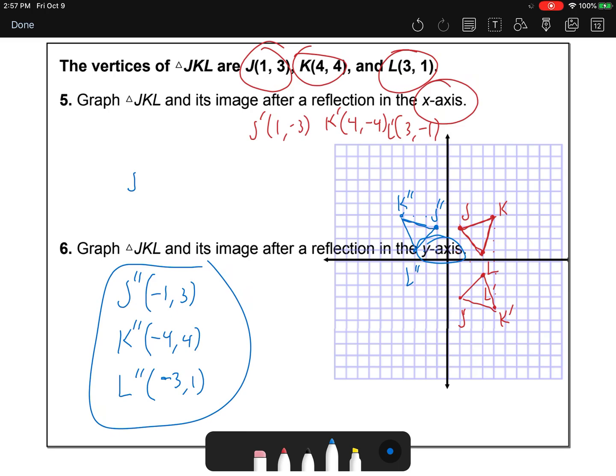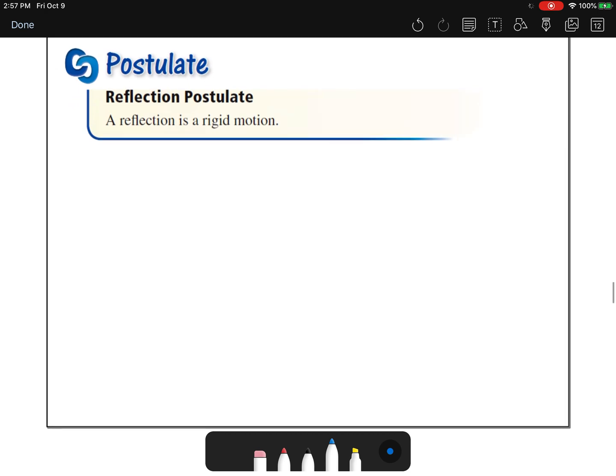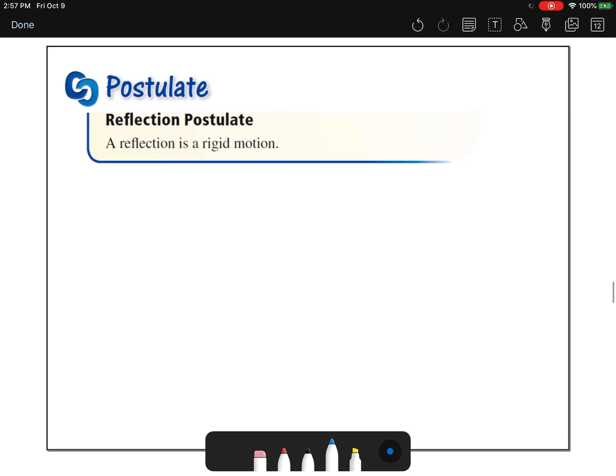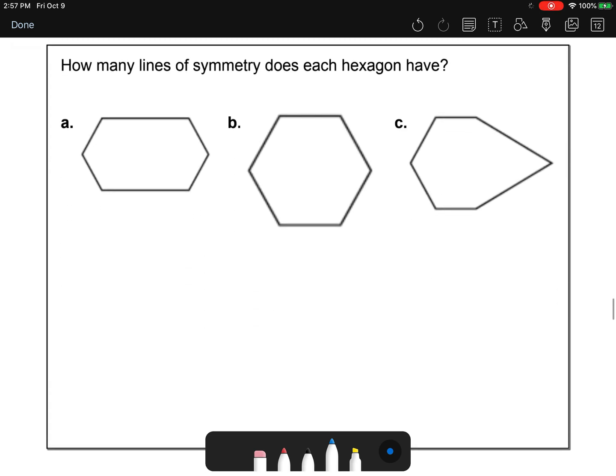Is J double prime negative 1, 3? Yes. Negative 4, 4? Yes. Negative 3, 1. So we don't even have to graph them. We can figure out the reflection if we know the x and y axis are the axes of reflection. And a reflection is a rigid motion because it keeps the same size and shape.